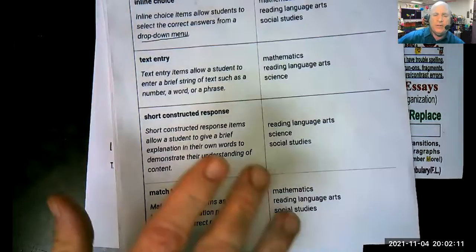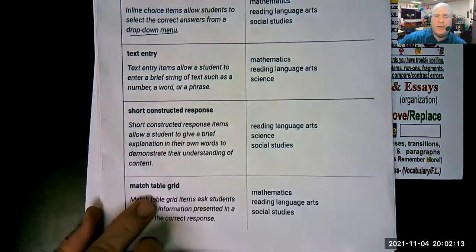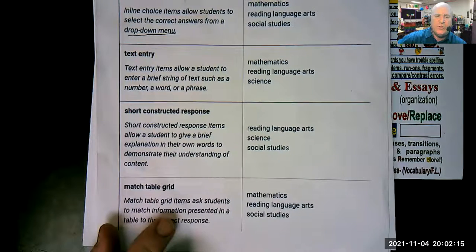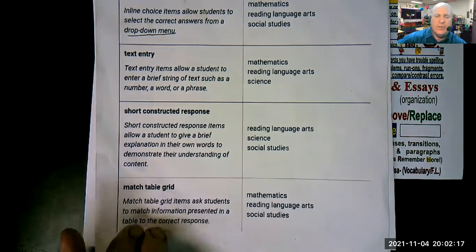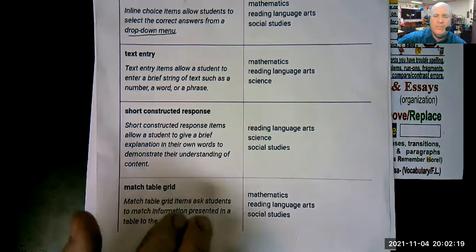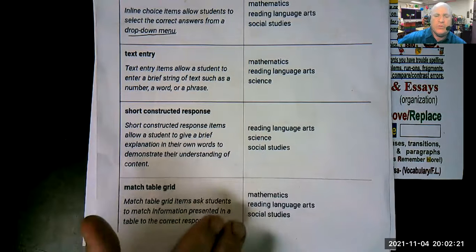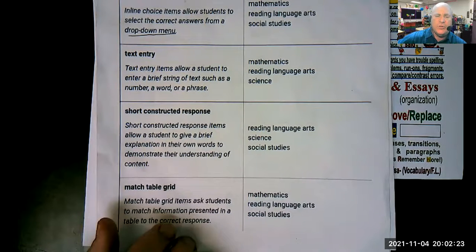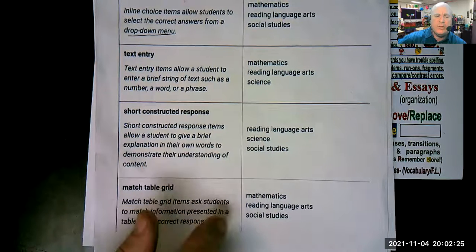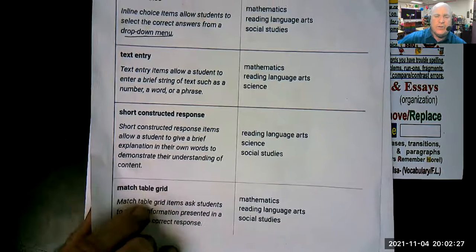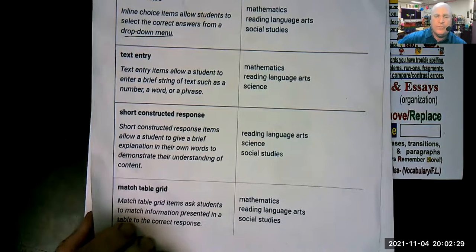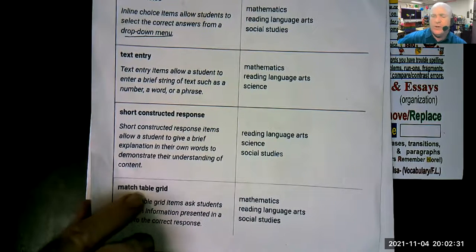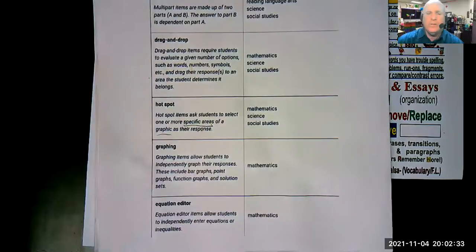The math grid, match table grid, I'm sorry, is you have to take a look at something, a table or a grid that's been given to you in math, reading language arts, or social studies, and be able to match the answer you choose to the grid that's been given. Page 2.